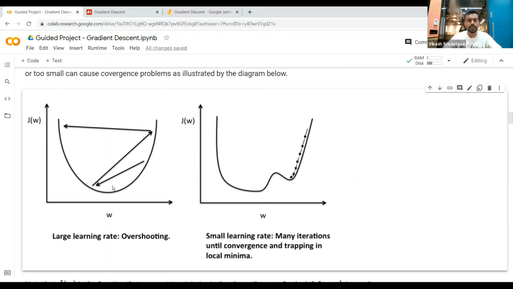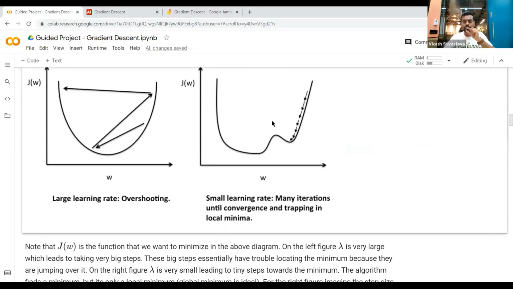Also, there is one more thing. In the case where you have a large lambda, you might overshoot the minimum. But in the case of a very small learning rate, your updates will be very small, so you might get stuck in a particular local minima.